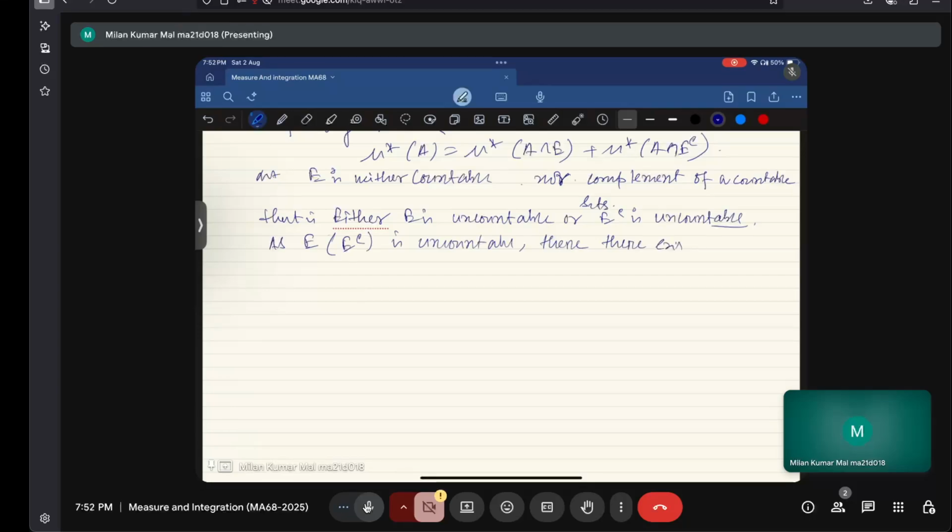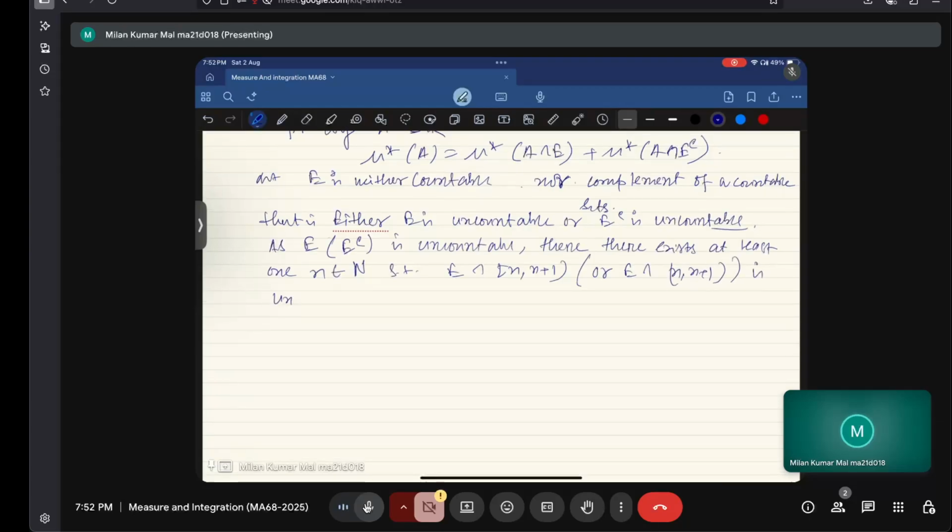There exists at least one natural number n such that E intersection [n, n+1) or E intersection [n, n+1] is uncountable.